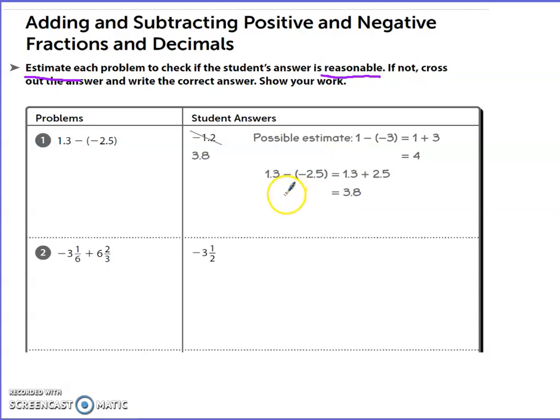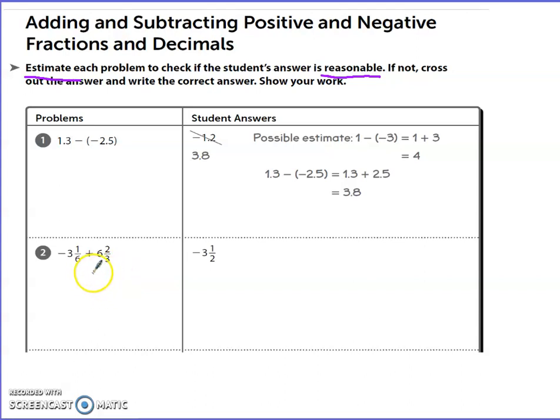So I was looking at these, and some of them can be explained without actually doing the problem. So let's look at this. Recall the rules for adding integers, or any numbers. When you add numbers with different signs, you subtract. These numbers have different signs, so we're going to subtract, and we're going to give the sign of the larger number.